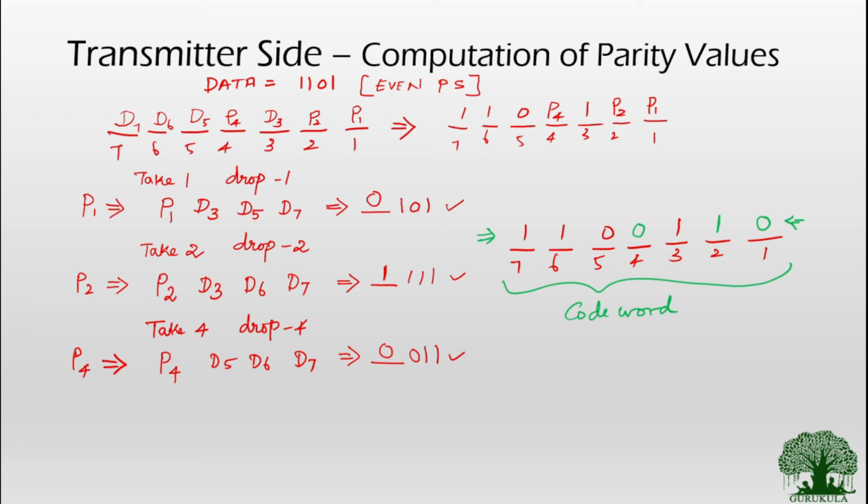Now let us see how this code will be received and processed at the receiver side. As far as the first case is concerned, I am not going to consider any error. I am going to consider the data as such.